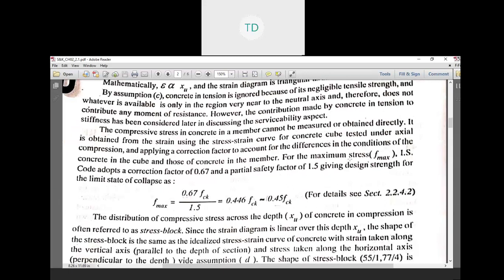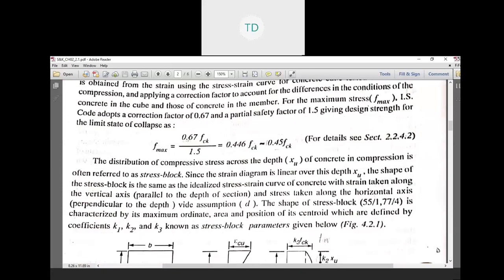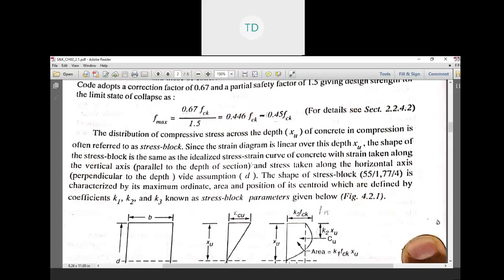For the maximum stress, Fmax, the IS code adopts a correction factor of 0.67 and partial safety factor of 1.5, giving design strength at the limit state of collapse, which is Fmax equal to 0.67 fck divided by 1.5, equal to 0.446 fck, generally taken as 0.45 fck to describe the Fmax.